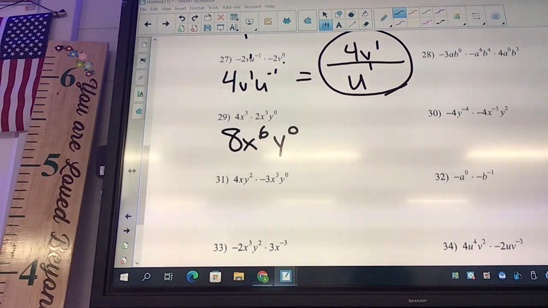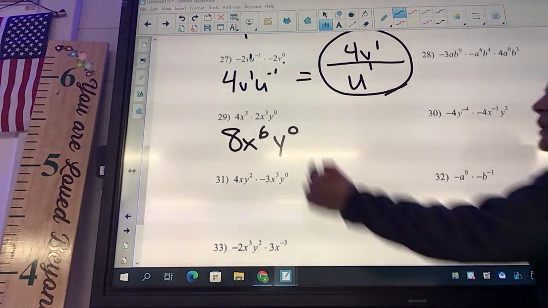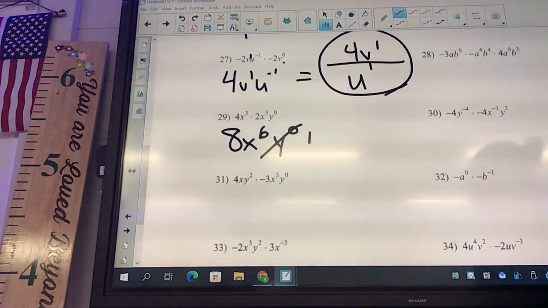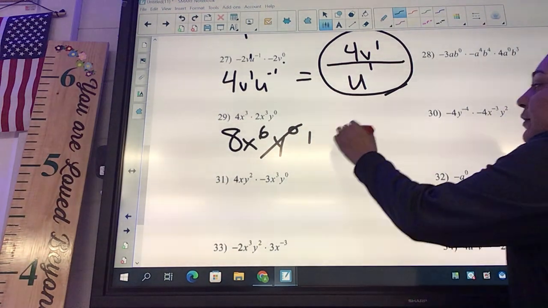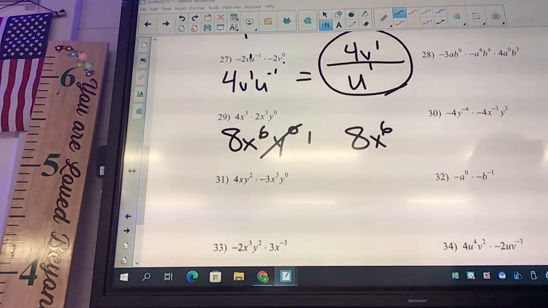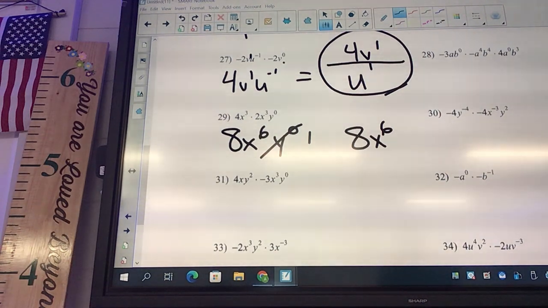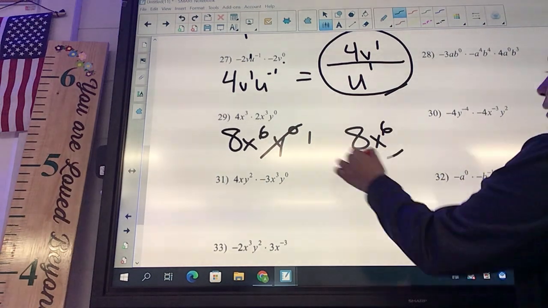Okay, and it's a big one. So, right now, I just want you to pay attention. So this is our answer, right? Okay, so this becomes a big 1. What is 8 times 1? 8. So your final answer is going to be 8x to the 6. What really happened to the y to the 0? It went away. Okay, and so when we're doing stuff to the 0, most of the time it's just going to disappear.